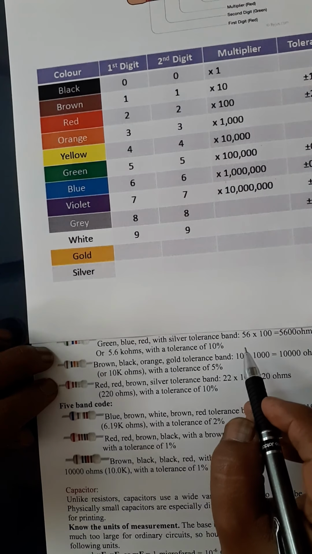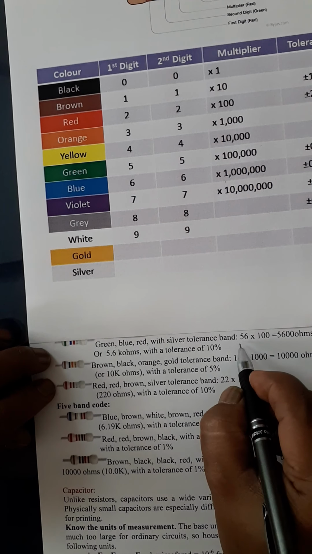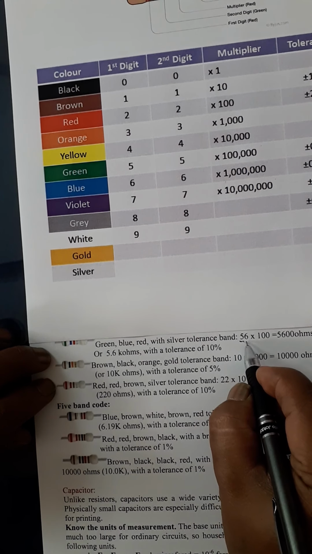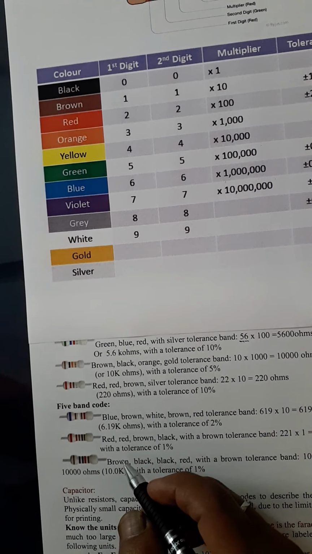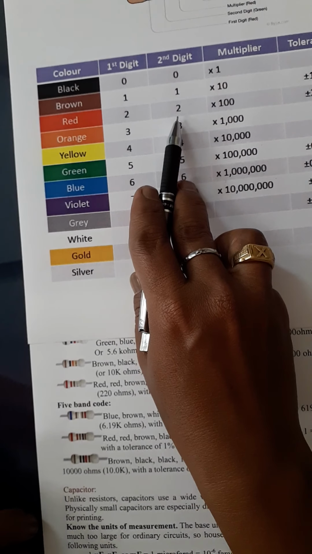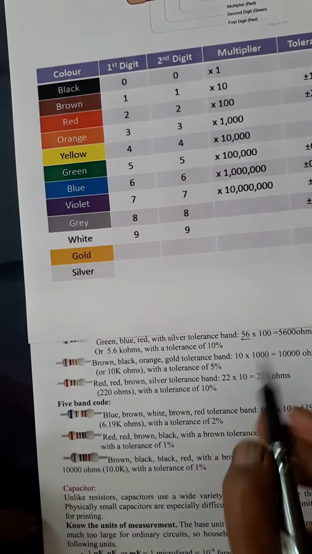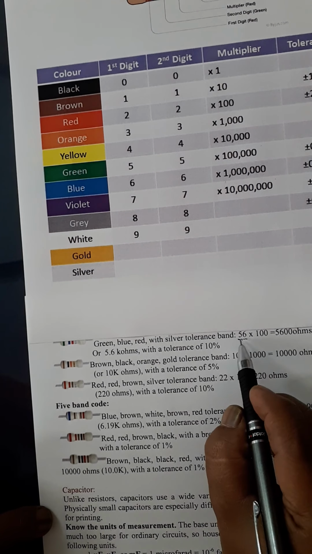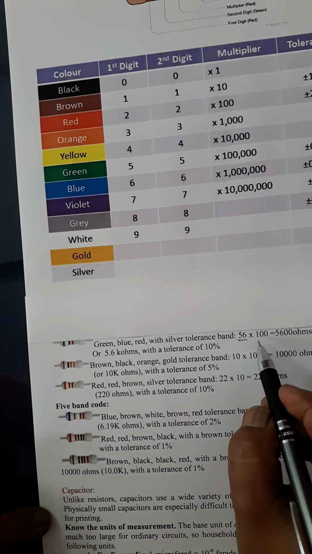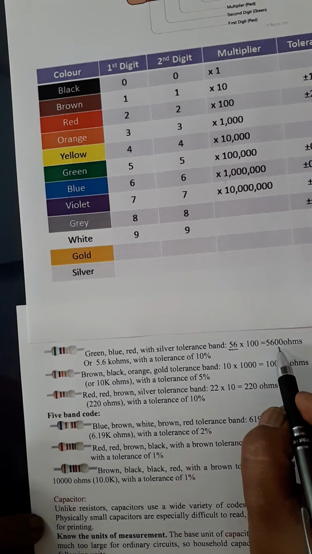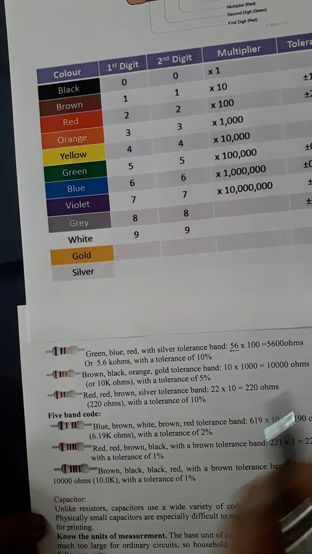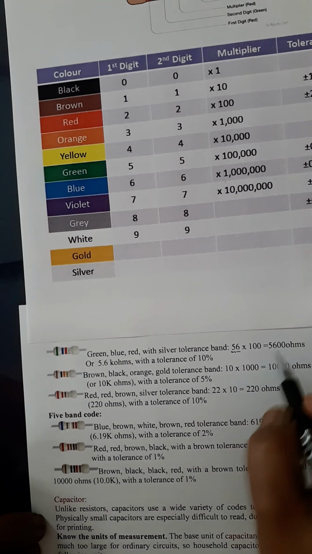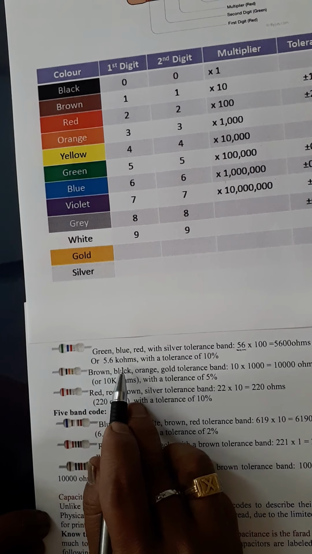So we have to write these two numbers as they are. So it is 5 first color, 6 second color, and red is a 2. So the multiplier is 100. So I am multiplying 56 by 100. So it will come around 5600 ohms, or we can call it 5.6 kilo ohms.